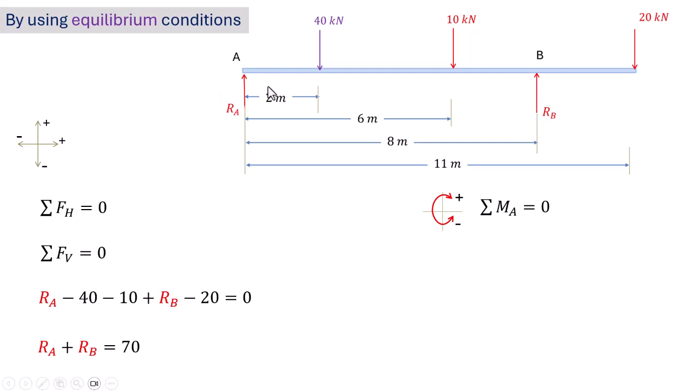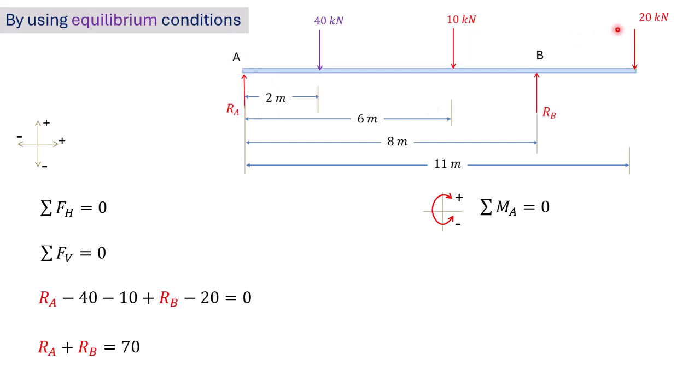The 40 kN force acting downwards at a distance of 2 meters from point A produces a clockwise moment about point A. The 10 kN force acting downwards at a distance of 6 meters from point A produces a clockwise moment about point A. Next, the reactive force RB acting upwards at a distance of 8 meters from point A produces a counterclockwise moment about point A.